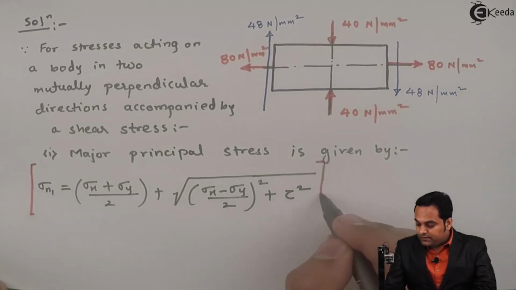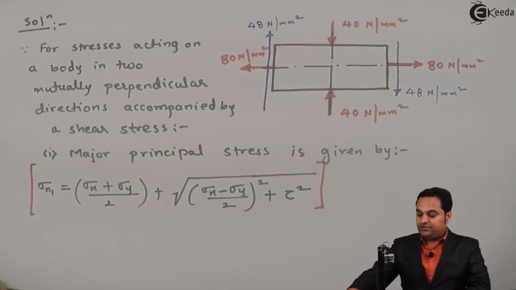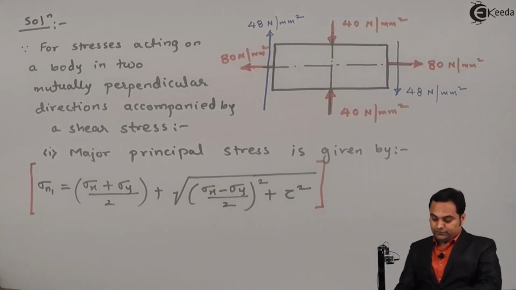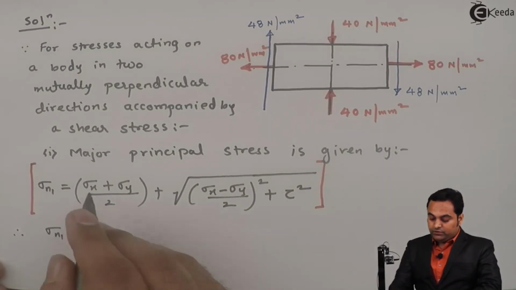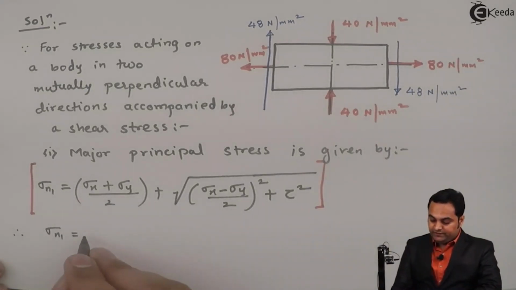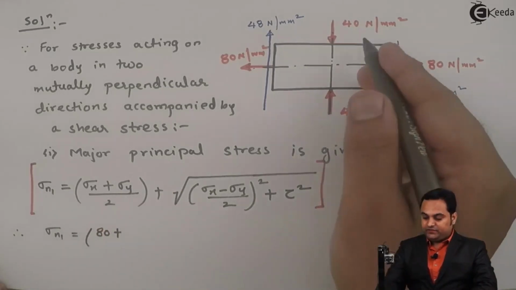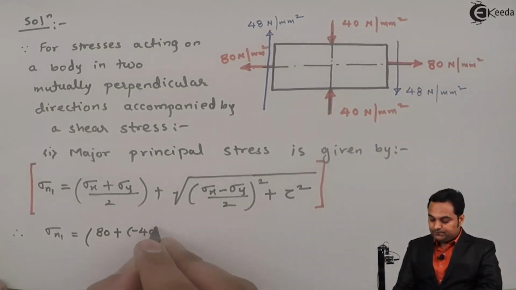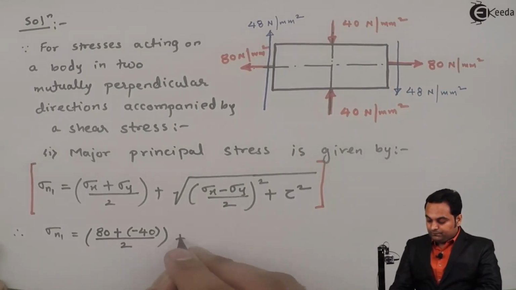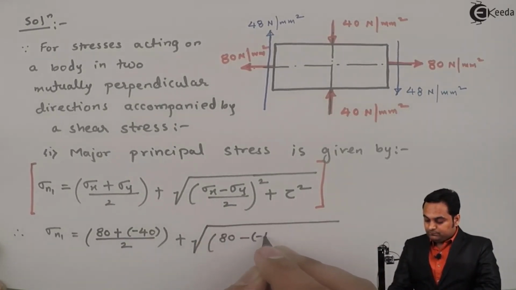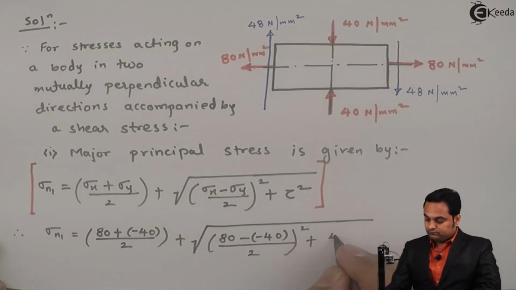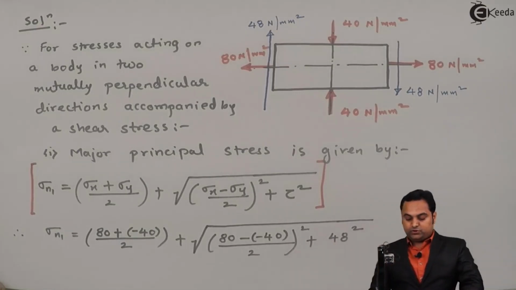Now I'll go on putting the values in this equation. So sigma n1 will be equal to, sigma x is positive so 80, plus sigma y is negative so minus 40, and tau is 48 so square.